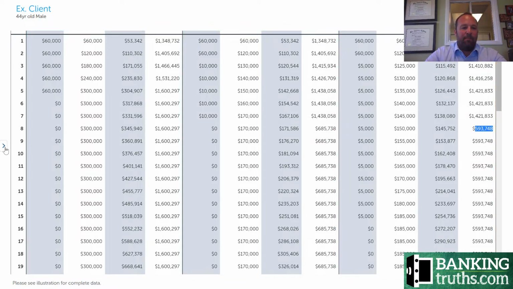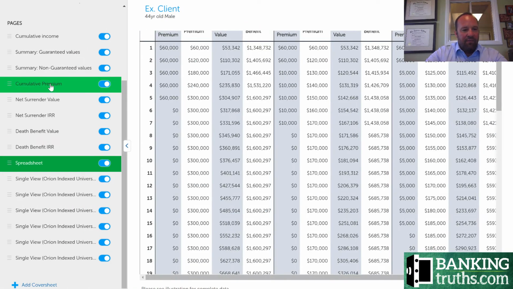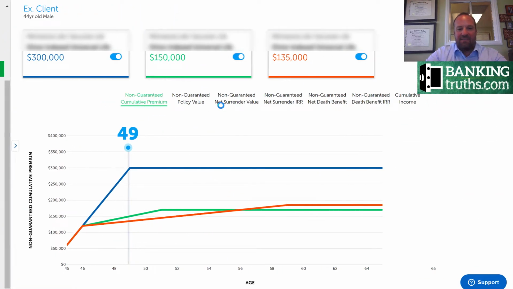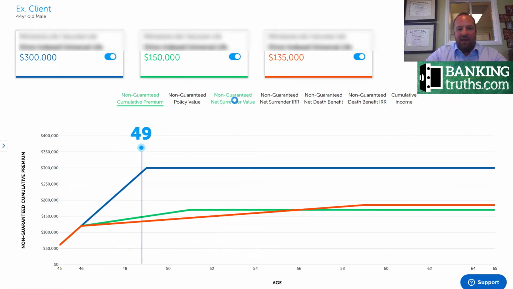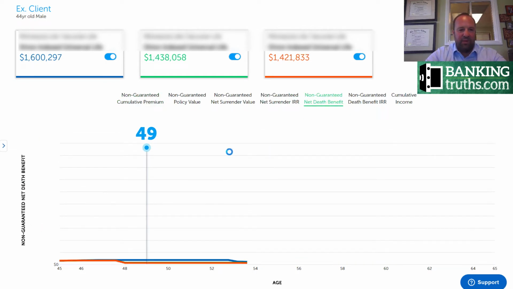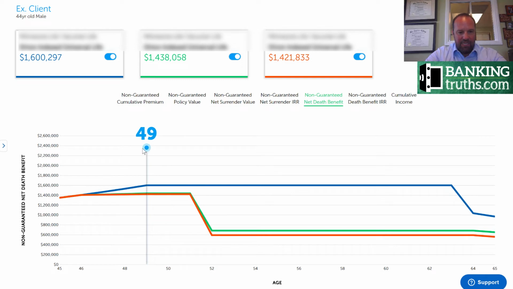Let's jump back into the visual part of our software to see the effects on, first, surrender value. Actually, let's look at the death benefit first so you can visualize what happens with it. For these first 7 years, the blue is growing more because we're using an option 2 death benefit, where the death benefit increases by the growth of the cash value.